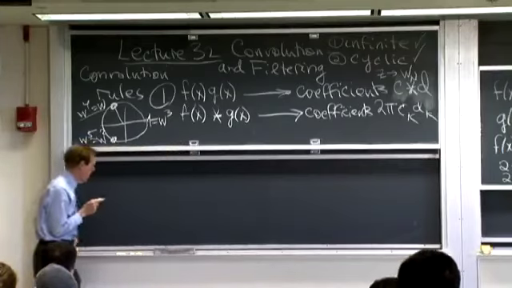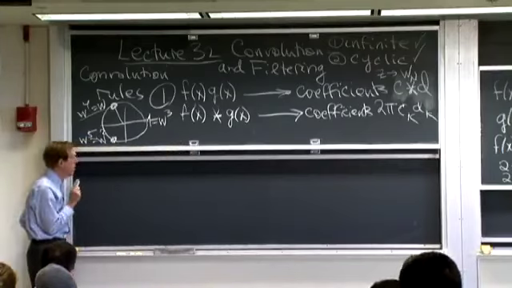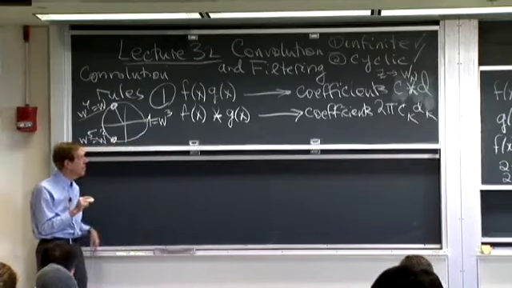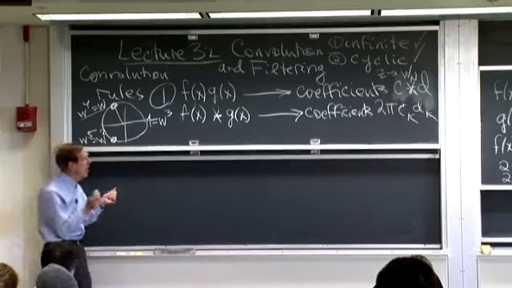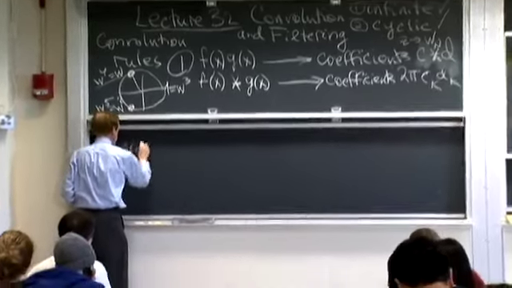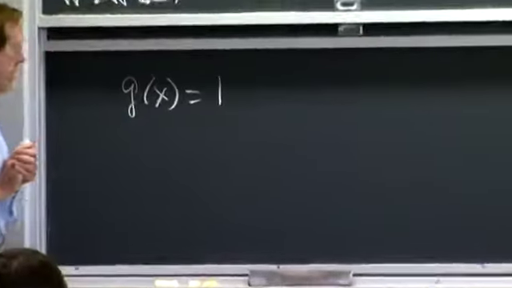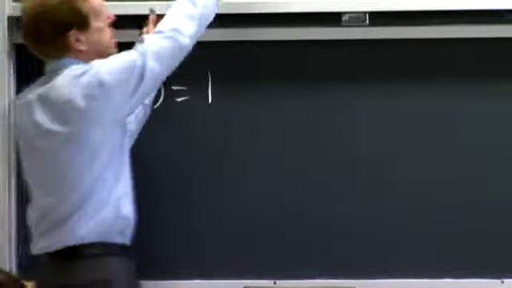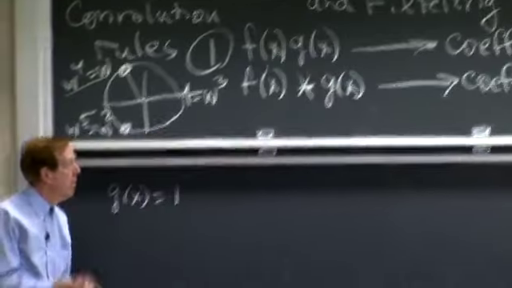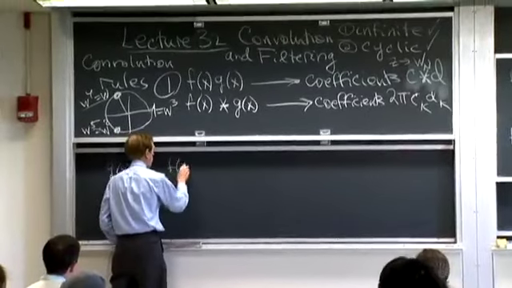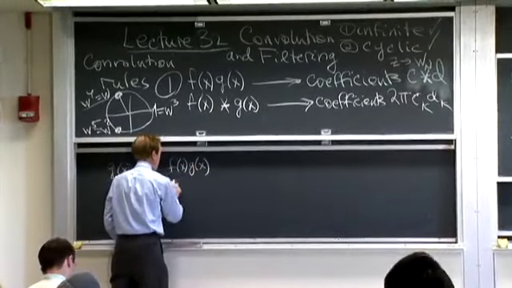I want to do one example with a delta function, one example with a delta vector. Let me take the function g of x identically 1, a constant function in this rule. I want to see what happens with the rule. Okay, then f of x times g of x is the same as f of x, right?